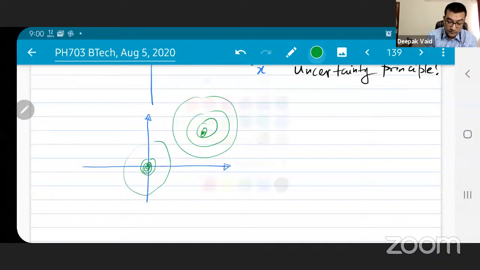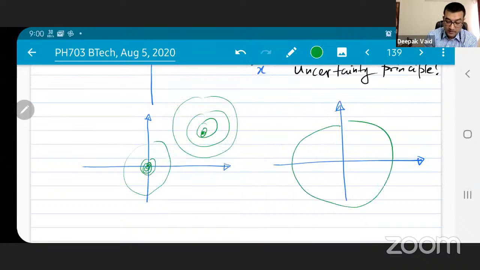But if you have a quantum particle, then the trajectories are limited. This is also related to the fact that there is a fuzziness. In fact, you can't really have such sharp trajectories for a quantum particle.